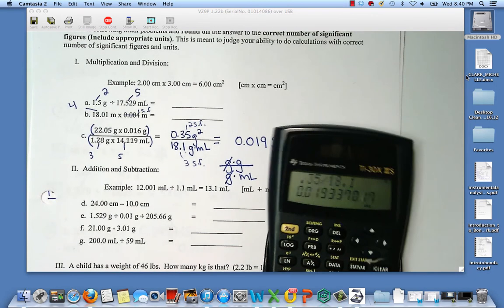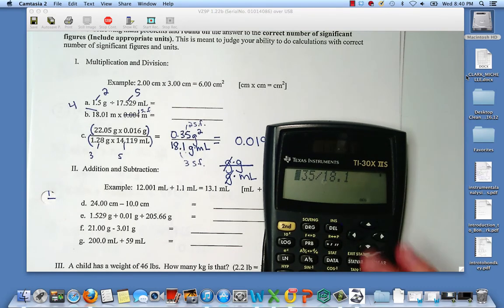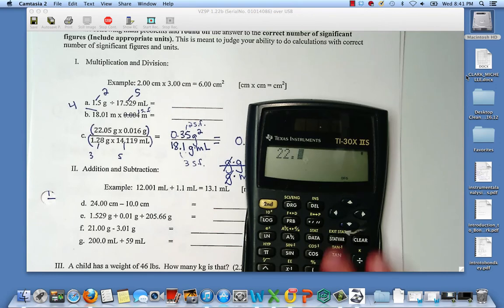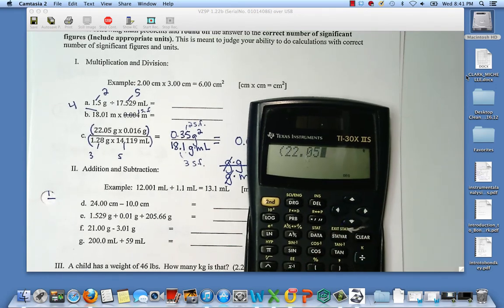Okay, I will show you. You might get a slightly different answer if we do this all in one step. I'll put parentheses: 22.05 times 0.016 divided by 1.28 times 14.119.